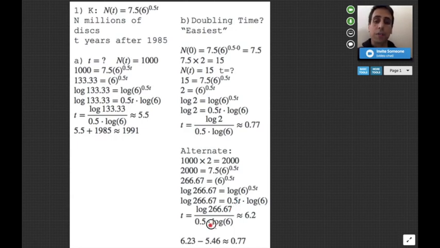Again, you divide both sides by 0.5 log 6, and you get 6.2. So at time equals 6.2 years, it will be doubled from when it was 1,000. The amount of time that elapsed between your answer to part A and double that of A would be 6.23, that's this answer right here, minus 5.46, and you get about 0.77.